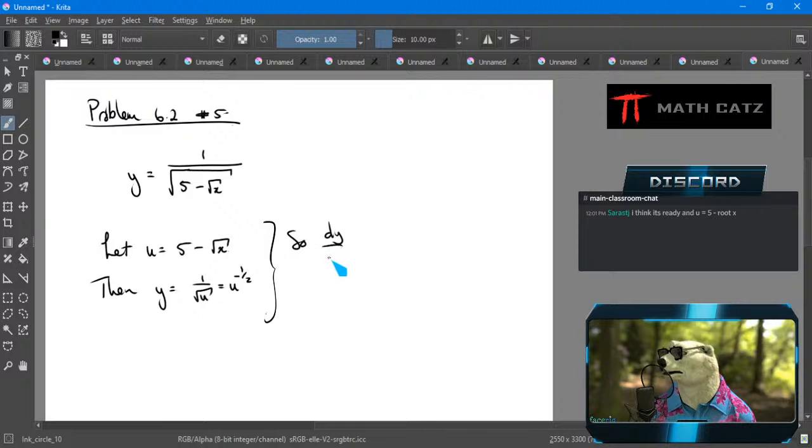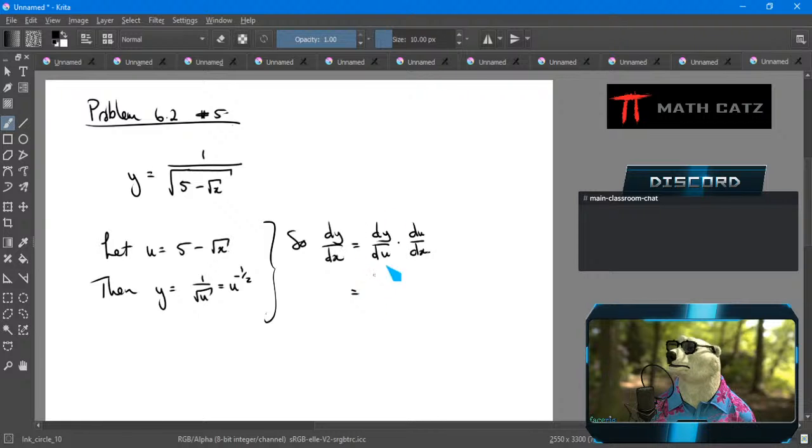We've got an outside function that seems simple enough, so it's probably going to be good to go. Set up my chain rule. And if you're not sure how to set it up so quickly, just think of the fractions. They cancel and I get the original back. It's a little trick that I can use.